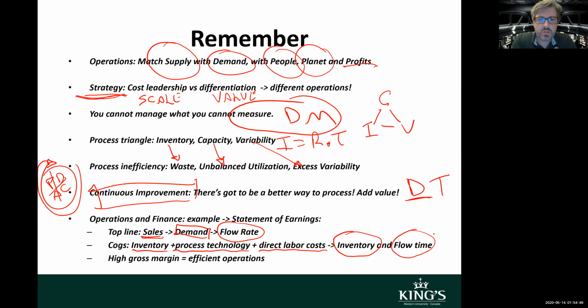So for lack of a better word, you should always think of Little's law as this is your statement of earnings, right? And the lower your inventory is and the faster your flow time is, inevitably you will have a higher gross margin. You have a more efficient operation.